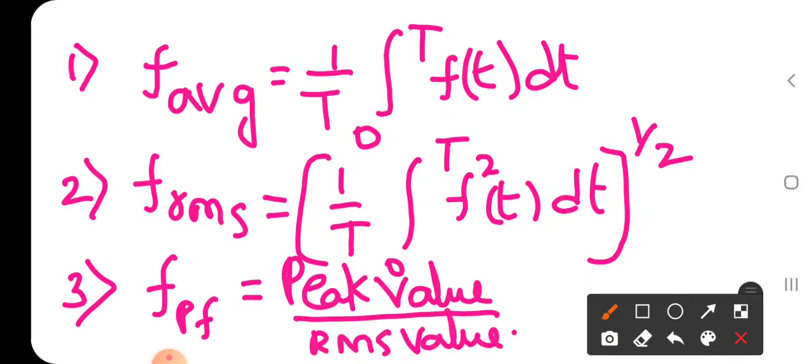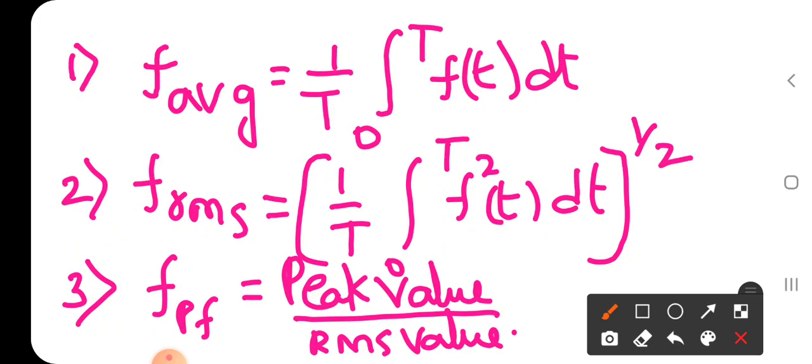Similarly, what do you mean by form factor? Form factor is the ratio of RMS value to the average value. So these are the four formulas for average, RMS, peak factor, form factor.